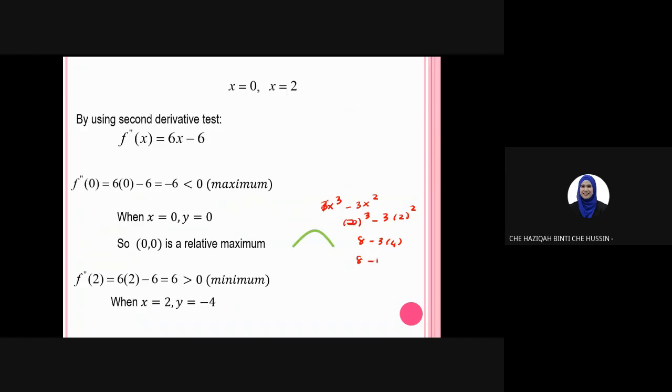So 8 minus 12 equals negative 4. So y equals negative 4, and (2, negative 4) is a relative minimum.